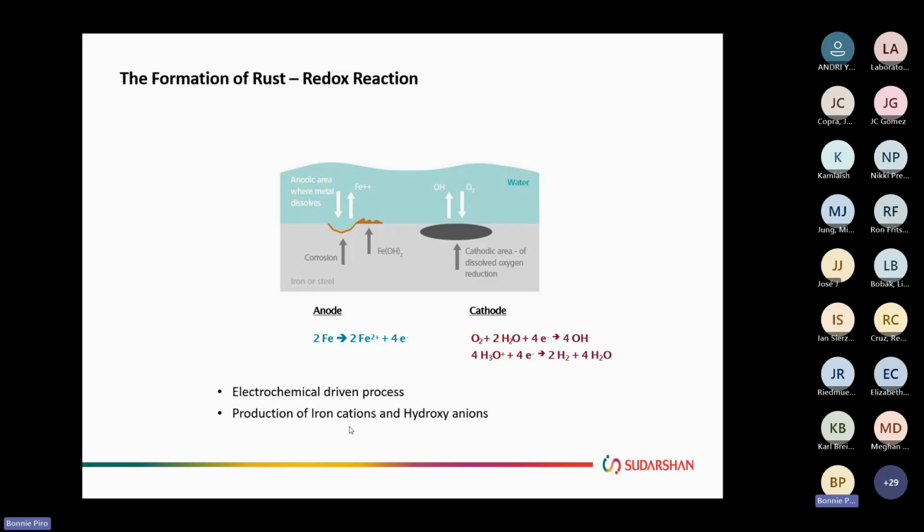So it is an electrochemical driven process. All of these things need to be in play with respect to developing rust. And thus the anti-corrosive category of pigments is there to eliminate or minimize the amount of rust formation that you'll get.